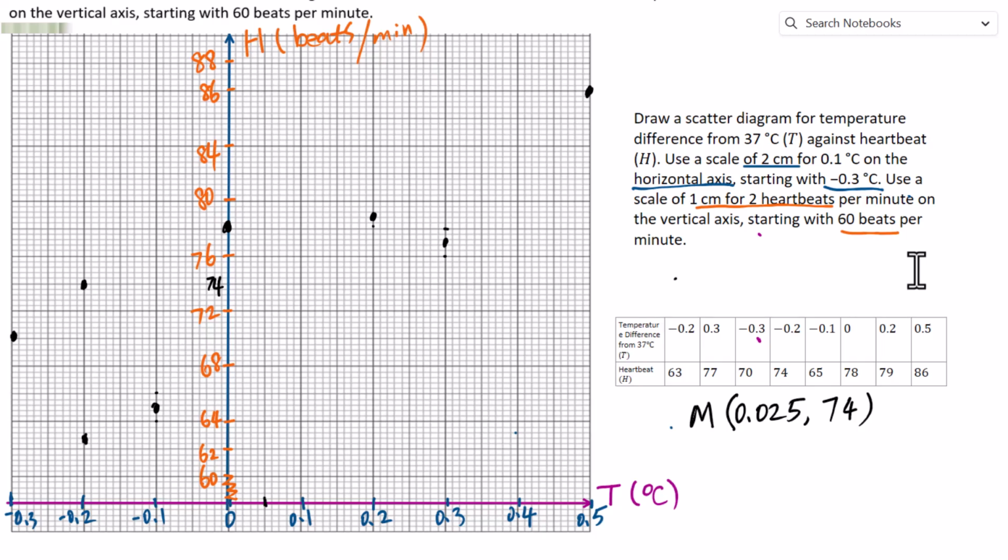This is 0.05. In the middle, this is 0.025. 74. Label 0.025, 74.